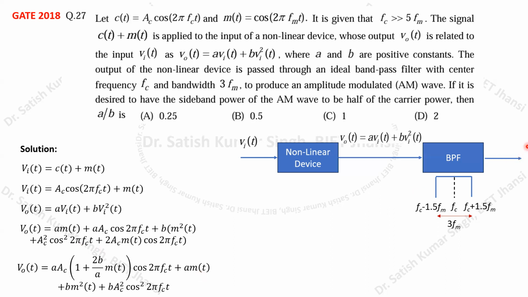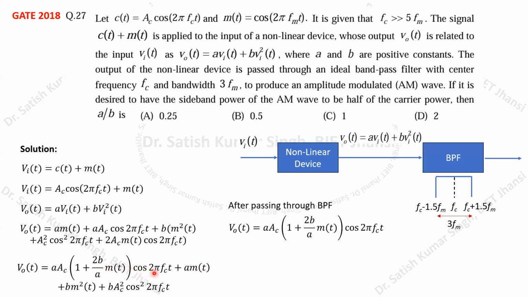So if you see the output of the band pass filter, if it is represented by v output t, then obviously this signal will be this particular signal. Here you can see this signal has one carrier component at f equals to fc, which is the central frequency of your band pass filter.